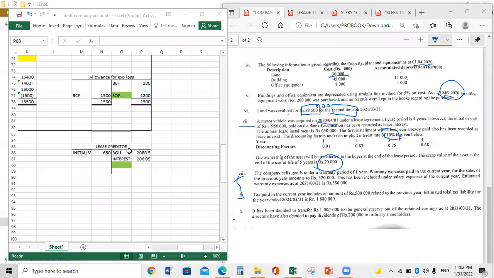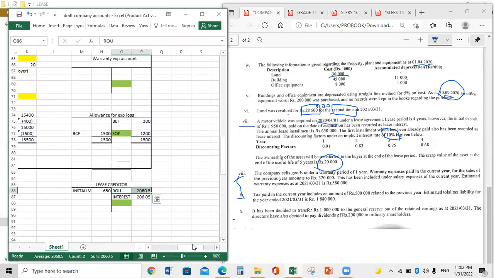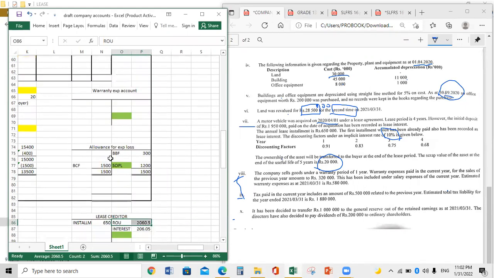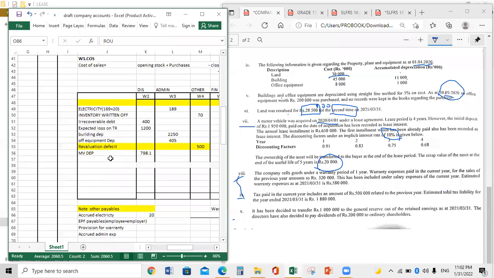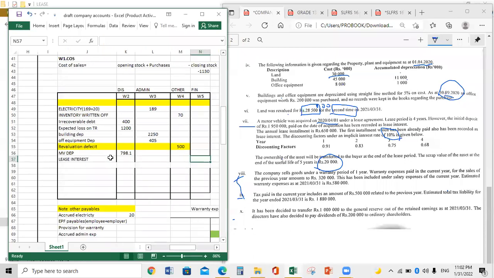Current year interest is found from the opening balance. Next year interest is found from the closing balance. So now you credit here and go to your expense debited. You will say lease interest. It's a finance expense, note number 5, working number 5. 206,050.